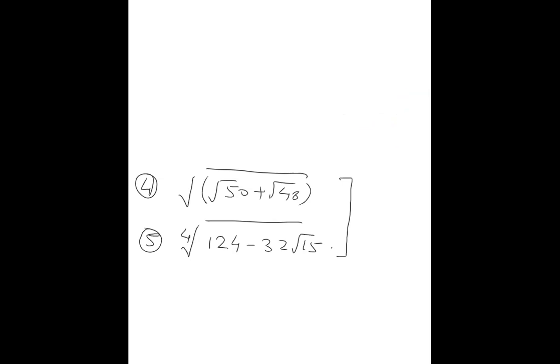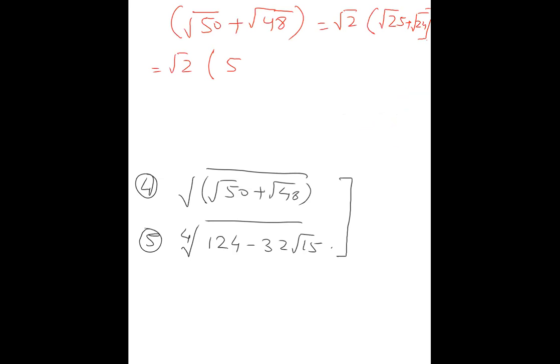Now, root 50 plus root 40, all right, under root of this. So first I can write this as root 2 times root 25 plus root 24. Now root 25 is 5, 24 is 4 into 6.